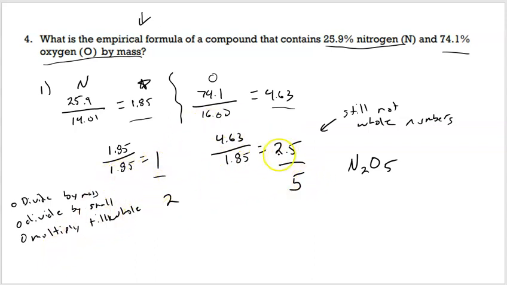In this case, multiplying both by 2, we get whole numbers. That is my lowest whole number ratio.